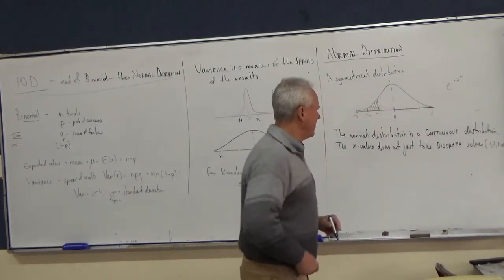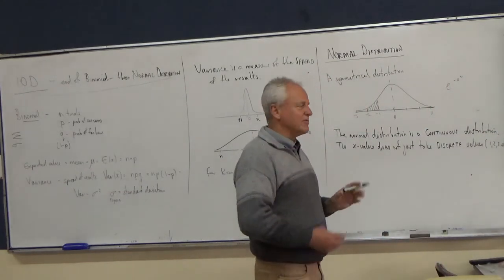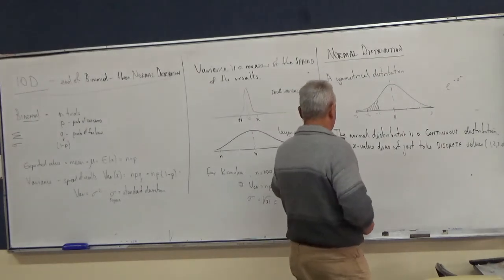So the x value doesn't just take discrete values, it's continuous. The probability.